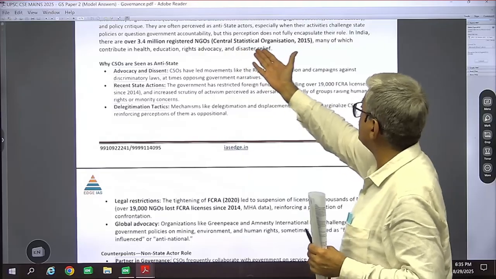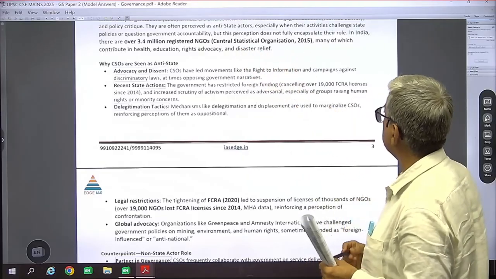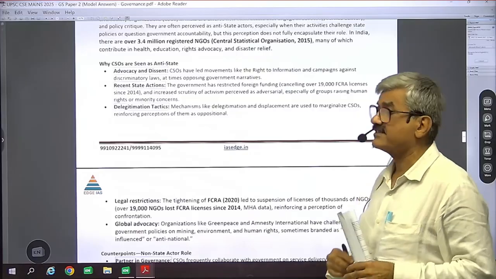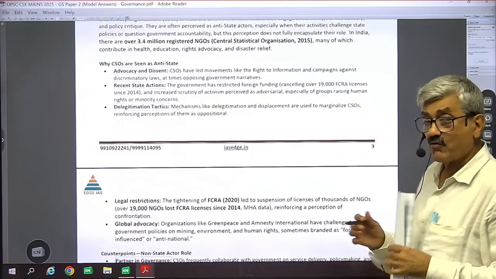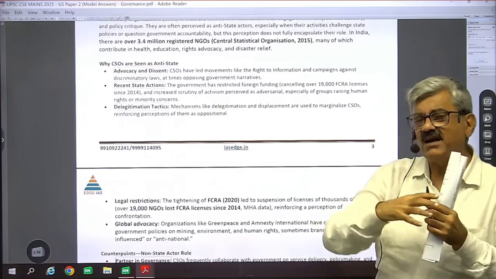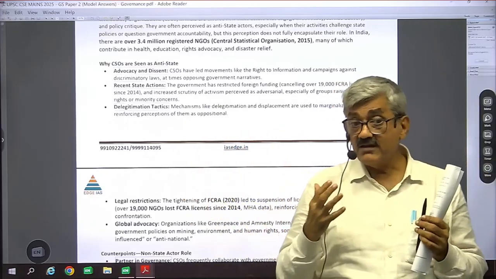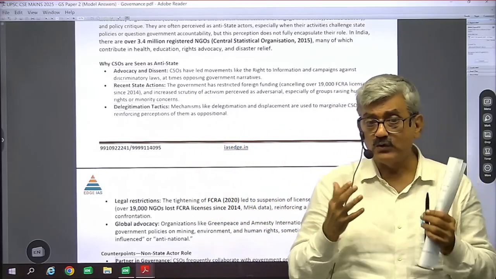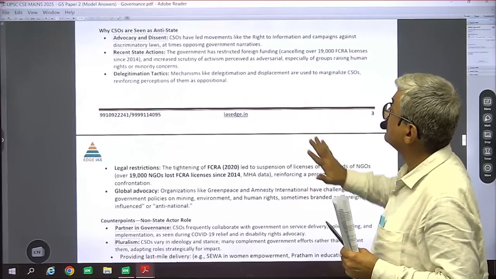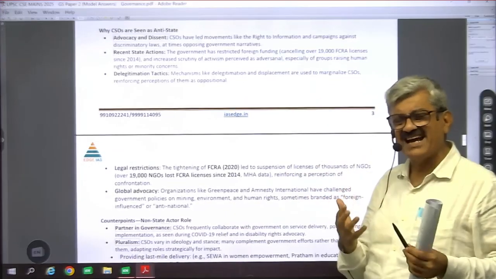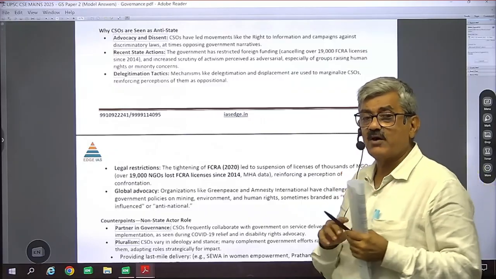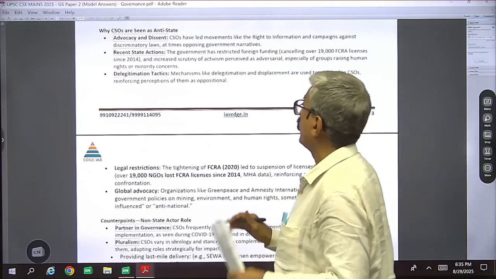As per the Central Statistical Organization, we have about 3.4 million registered NGOs. So quite a large number of NGOs we have in our country, and they are working in multiple fields, doing a really good job. So we will discuss to what extent they should be seen as, or we should be concerned about, their anti-state activities or not.